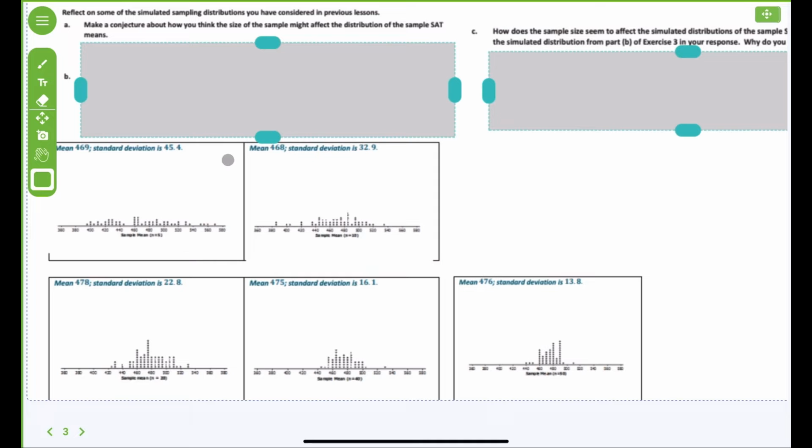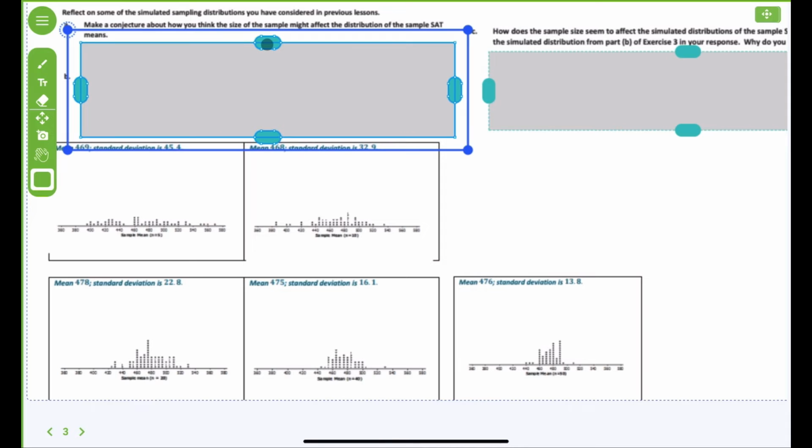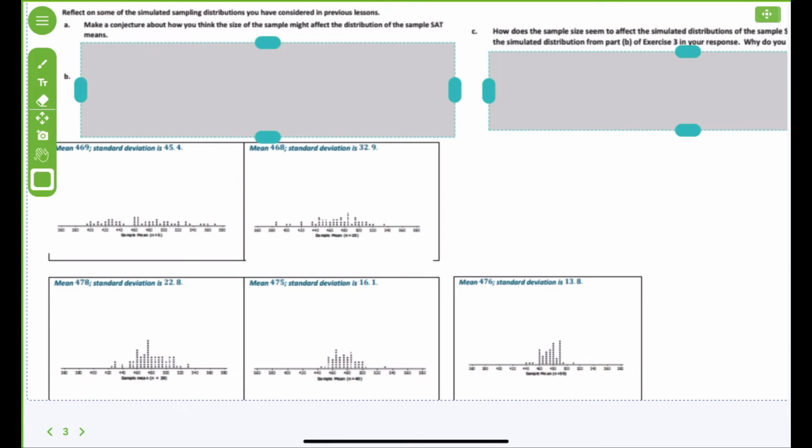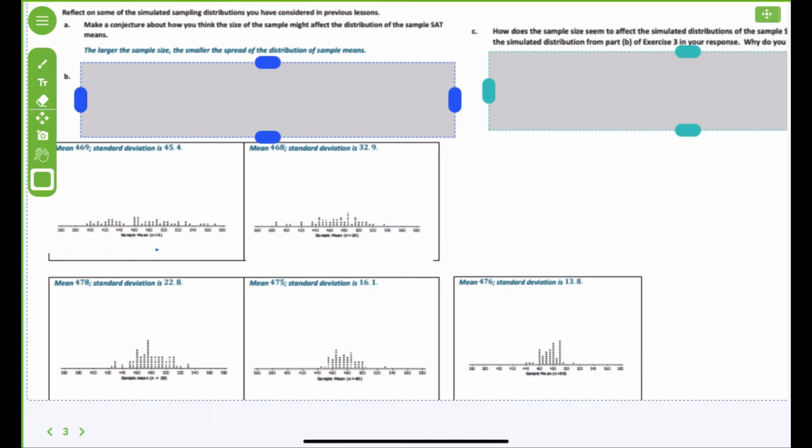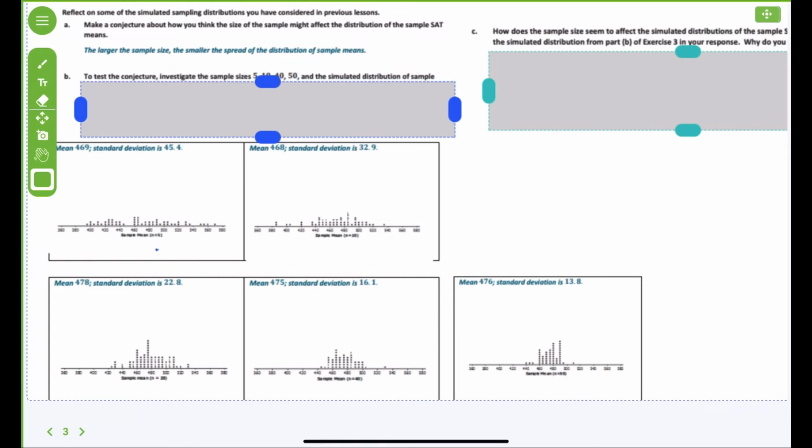As the sample size increases, the distribution should narrow. Okay, so what that means is, if you're looking down here at the graphs, notice as the sample size increases, they start narrowing in. So let's see what this says. The larger the sample size, the smaller the spread of standard deviation.